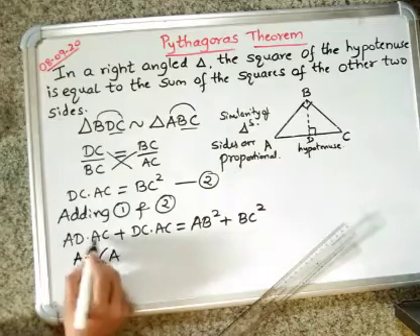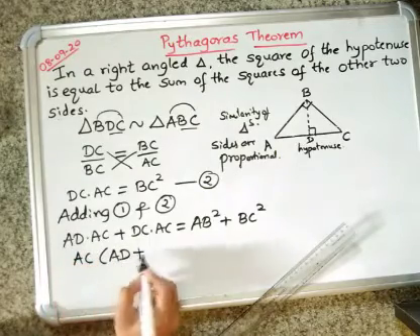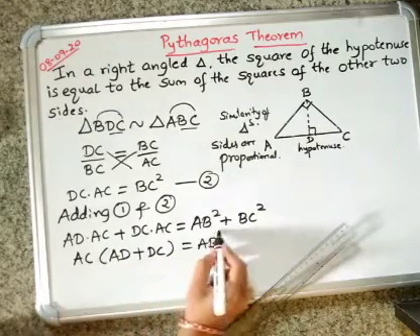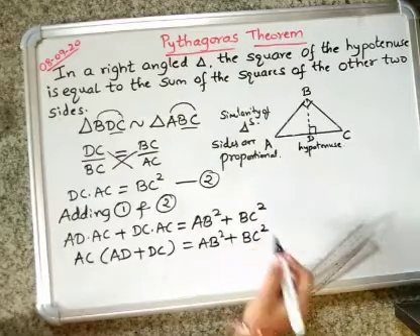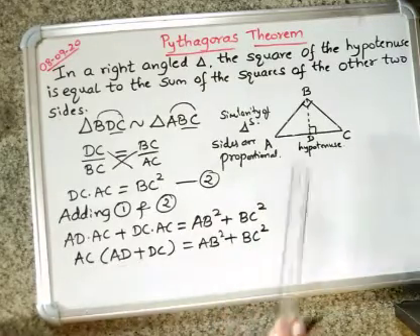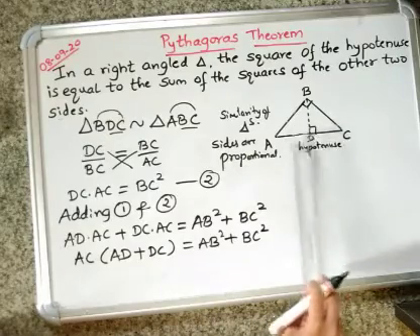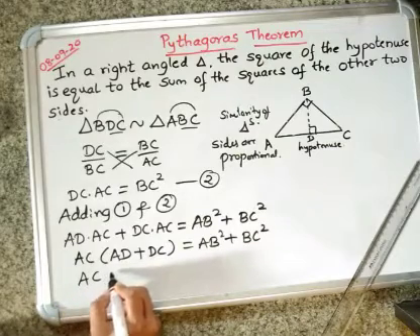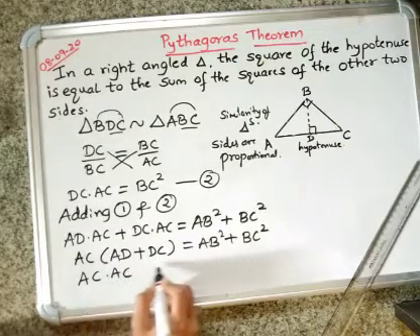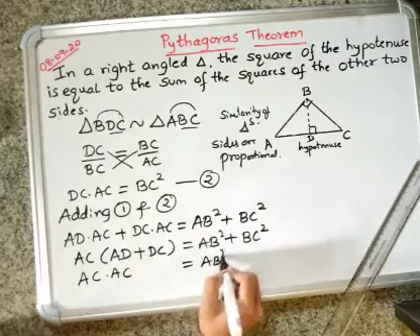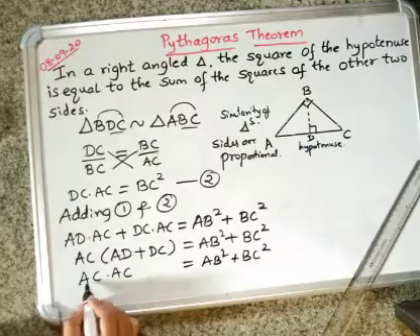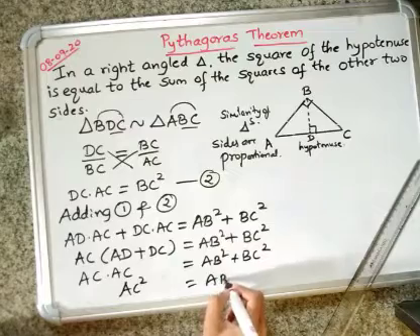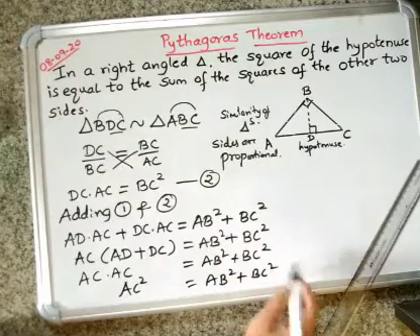So what is left over if you take AC? AD plus DC. Here I am writing this only, AB square plus BC square. Now see children, AD plus DC. What do we get if you add AD and DC? Are we getting AC? Yes, isn't it? So AC into AC. How many AC? That is AC square is equal to AB square plus BC square.